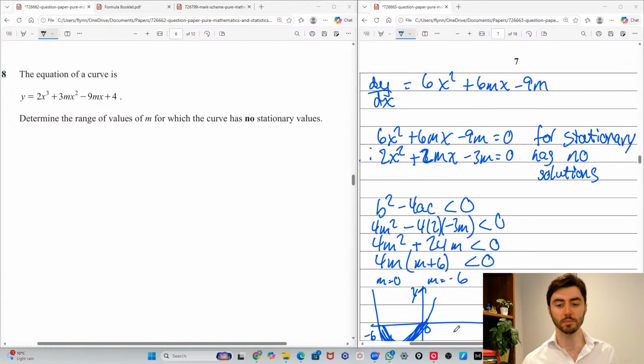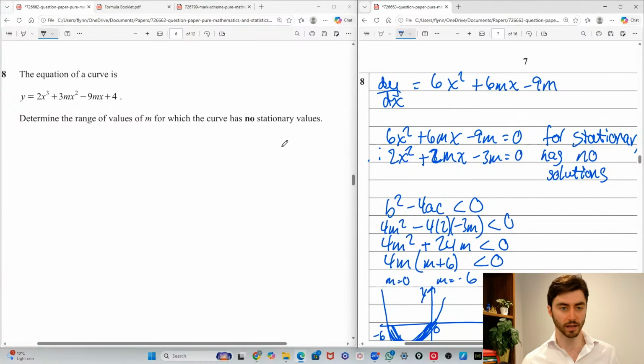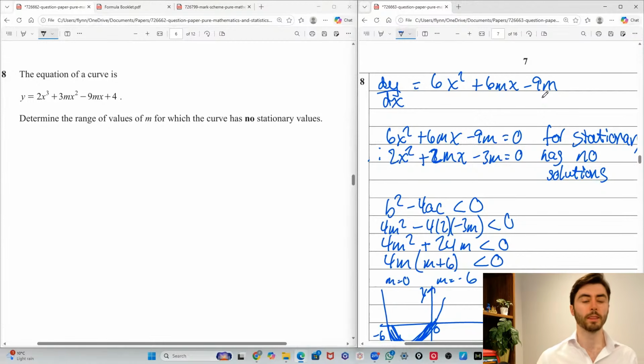Okay, so 8 is actually probably going to be a much more interesting check. So first of all, let me check that I differentiated correctly. 6x squared, 6mx minus m. That is correct. Has no stationary values. So I divided by 3 correctly.